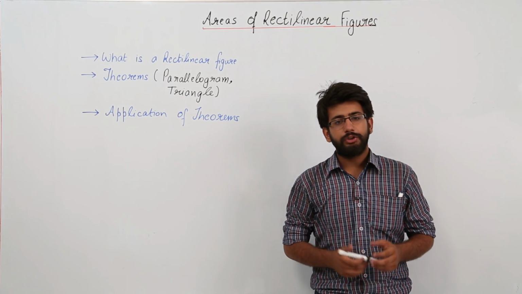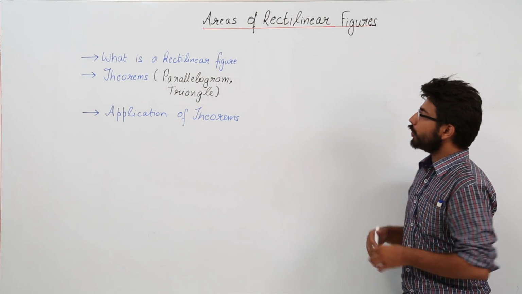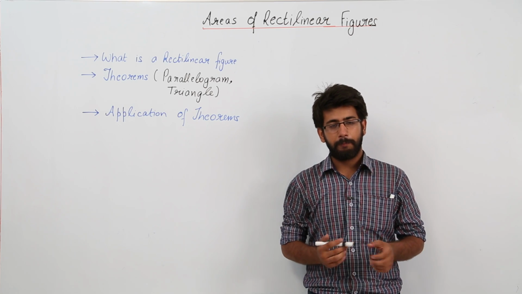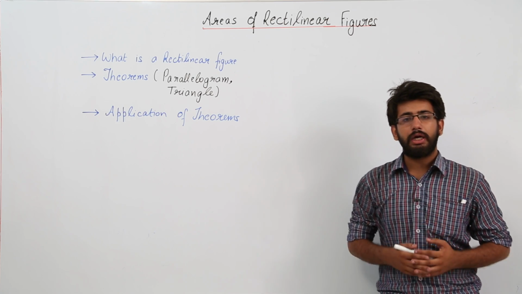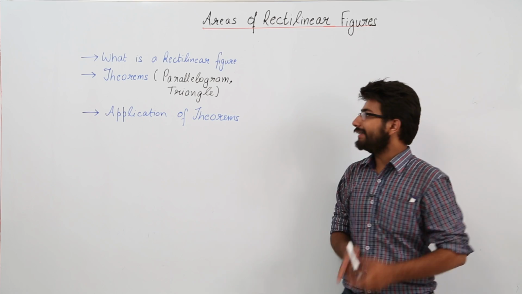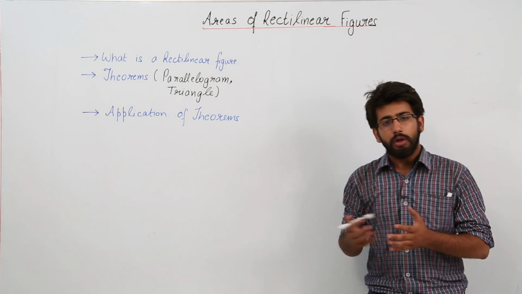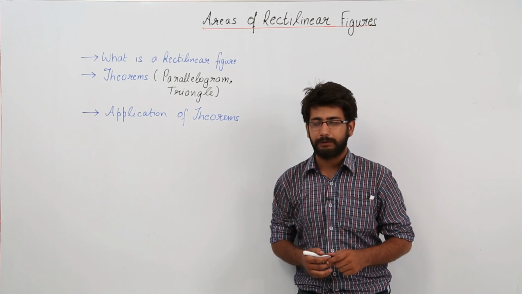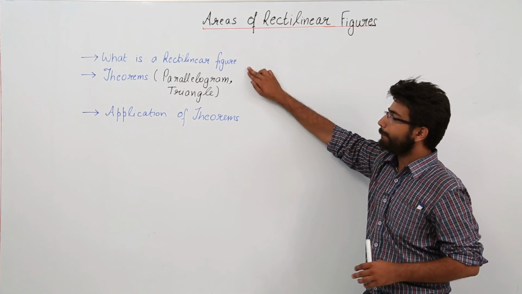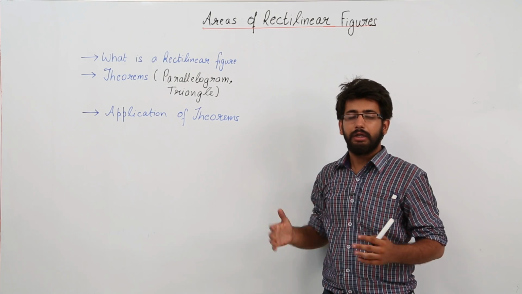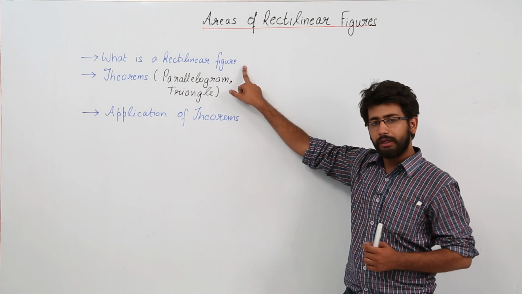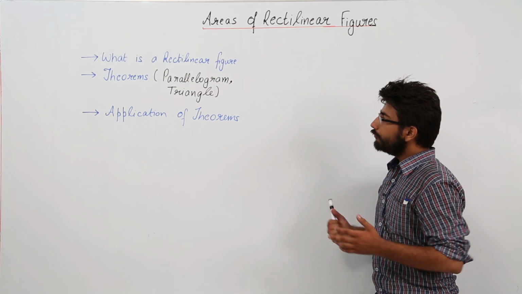Now welcome, students, to our new chapter, which is areas of rectilinear figures. Before we move on to the concepts of this chapter, let us have a chapter overview of what we are going to study. First we'll study the basics of rectilinear figures, that is, what a rectilinear figure is.